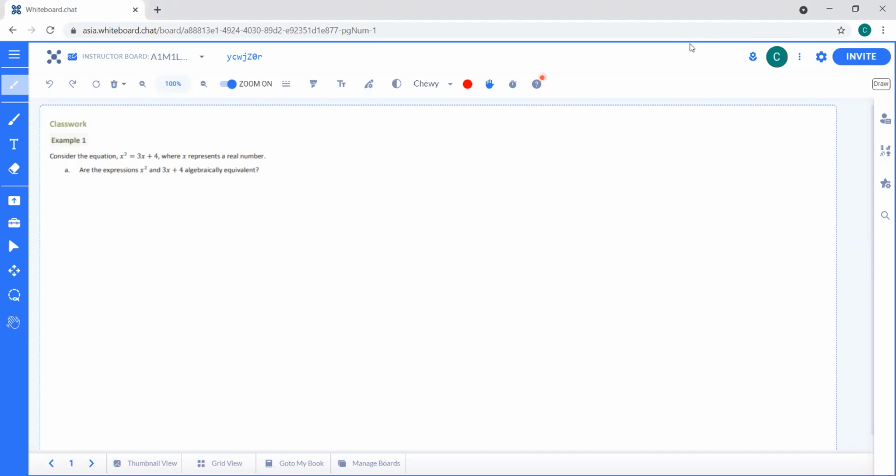We just talked about statements, true facts, and stuff like that. Can that be equal? So what that means is for anything that we plug in for x and we square it, can we get 3x plus 4 to equal it? So let's just try.